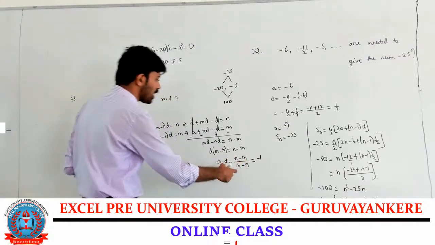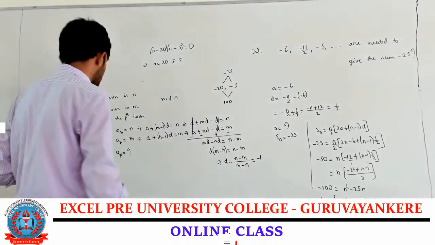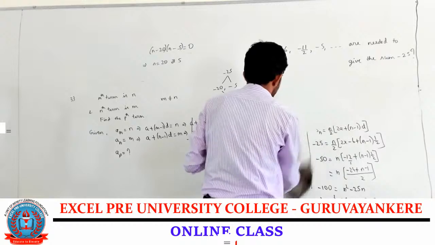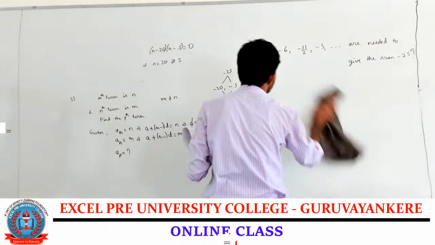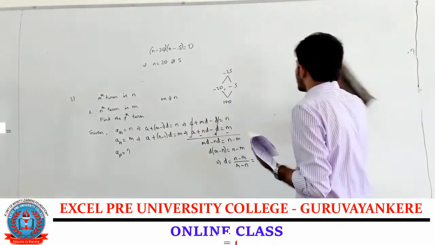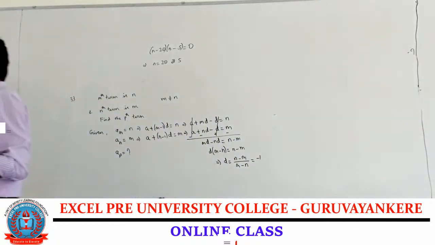N minus m and m minus n differ by a negative sign. So we got the common difference.